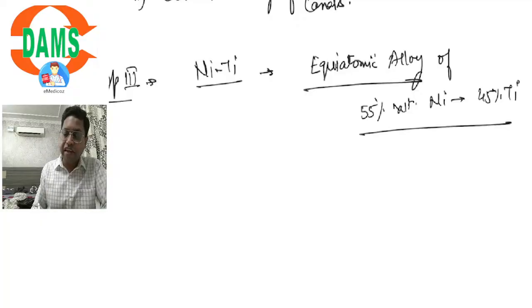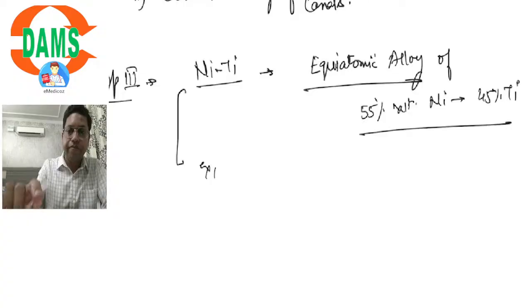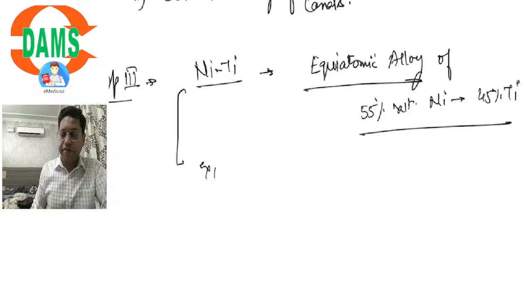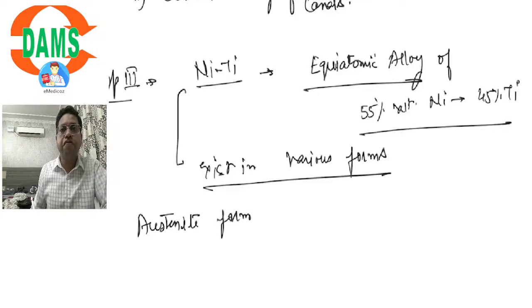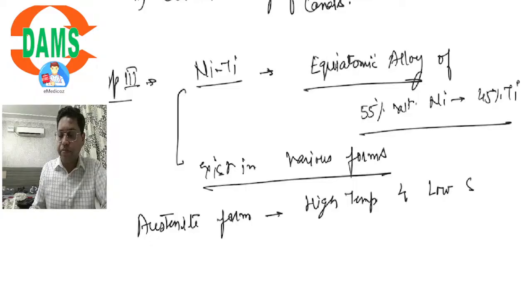This nickel titanium exists in various forms. The austenite form of nickel titanium is prevalent at high temperature and low stress.